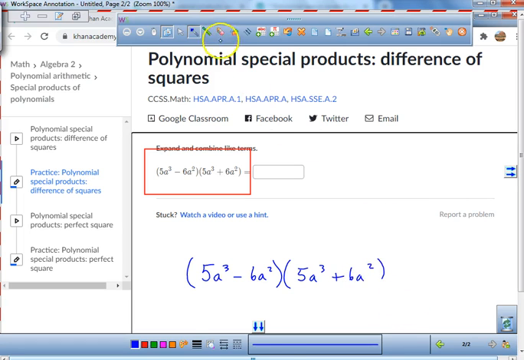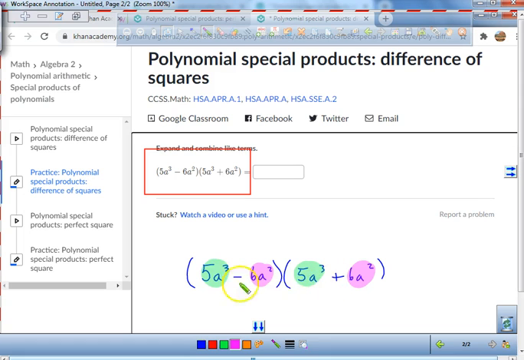Now you can only do this if you know that this term is exactly the same as this term, and this term is exactly the same as this term. Now see how there's a plus and a minus, so that's what's going to cancel those out. So this method will not work unless you got green equals green and magenta equals magenta.